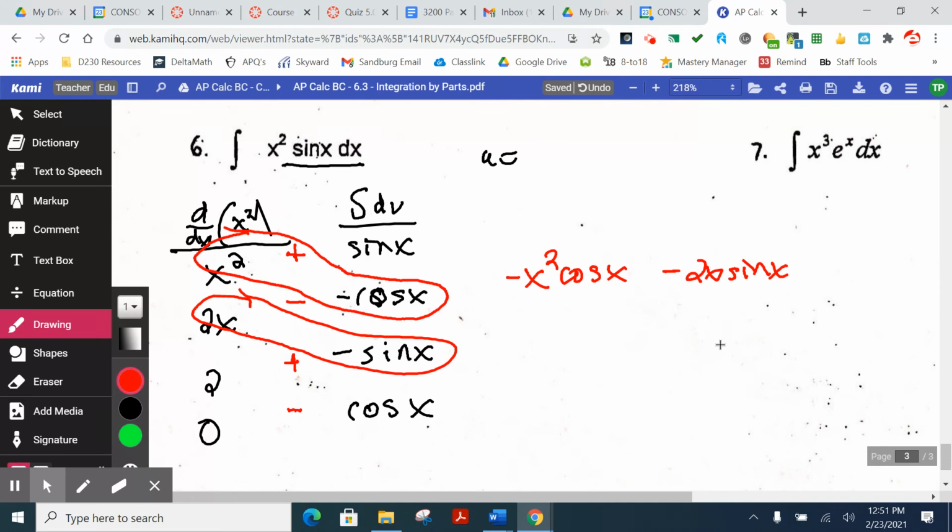But since the second sign is this minus sign, that means we would want the opposite sign of what we normally would have gotten. So that's a positive. And then our last one would be the 2 cosine of x. And since we have a positive sign for our third sign, we keep the naturally occurring product, which is a plus. And then we add our c. That's our final answer.